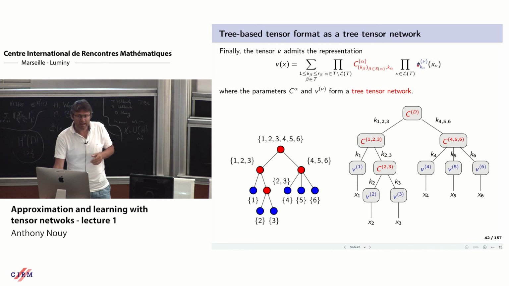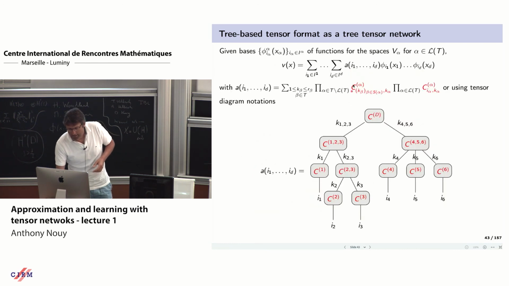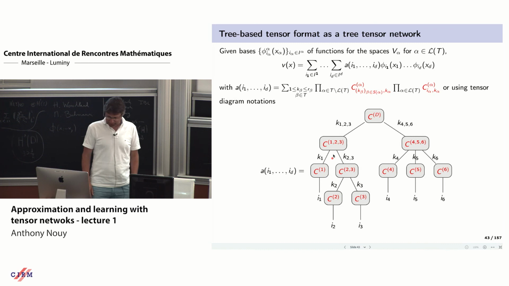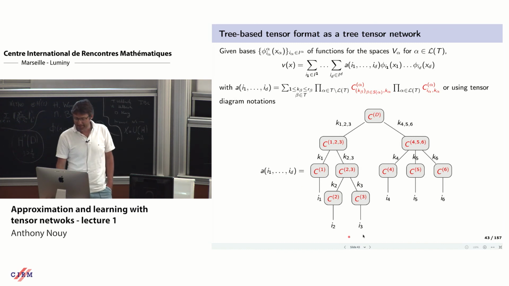If these functions admit a representation in a certain basis, okay, so if this is a basis for the space V_alpha, for alpha a leaf of my tree, I will obtain a representation V(x) as a sum of entries of a tensor A times the tensor product basis here, with the tensor A, which can be represented in tensor diagram notation like this.